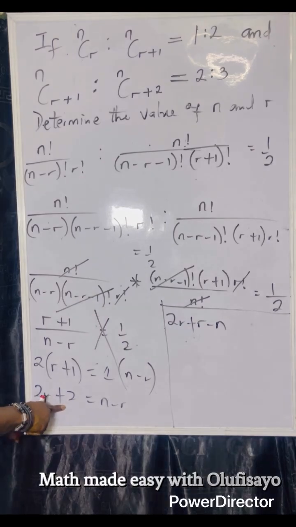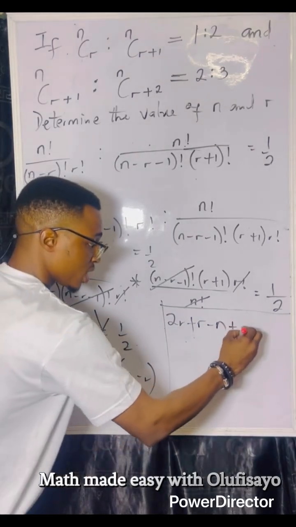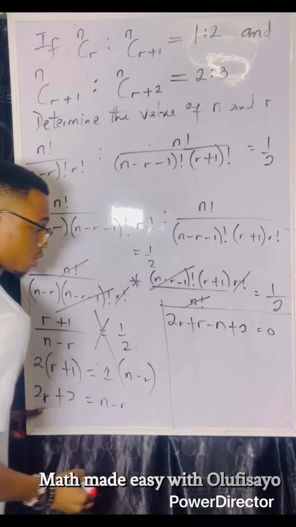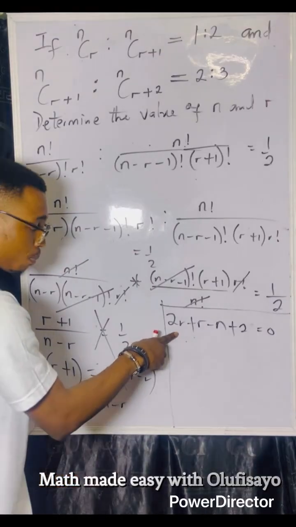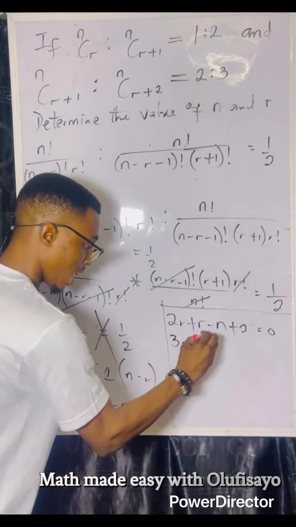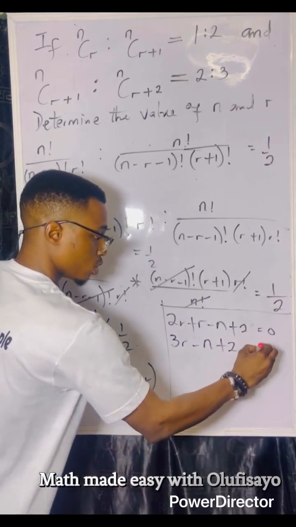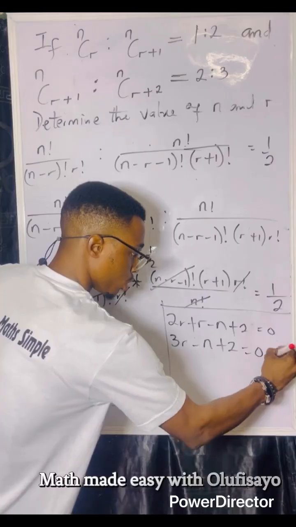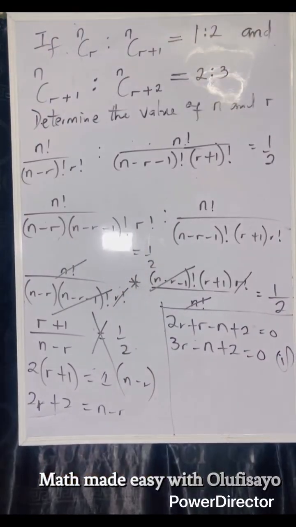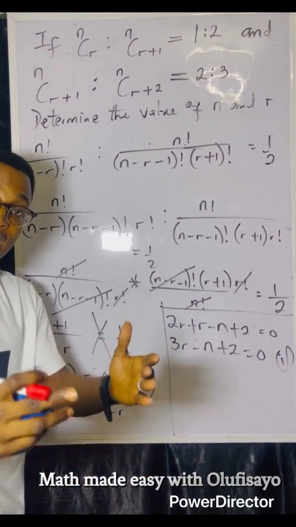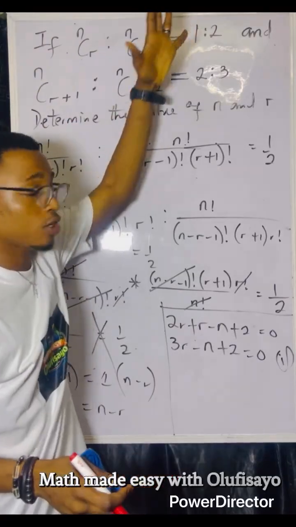This plus 2 is here, so it maintains its positive 2, equals 0. Now 2r plus r will give us 3r - n + 2 = 0. Let's call this equation 1. Don't forget that we are still dealing with the first equation.